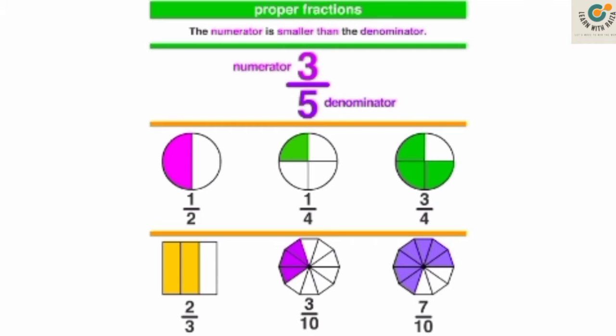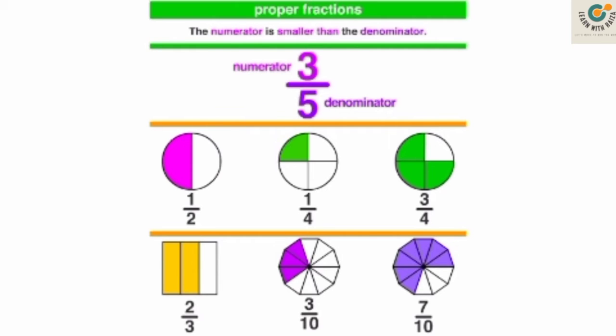Here you can see the next one, proper fractions. In proper fractions, you can notice that the numerator value is smaller than the denominator's value. Look at the first picture. You can see it is divided into equal parts, but only one portion is shaded and you call it half. Have a look at the second figure. 4 equal parts are there.